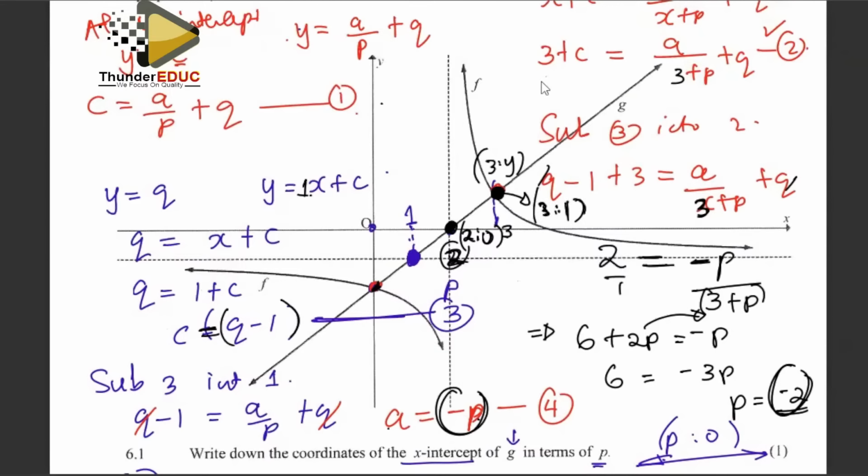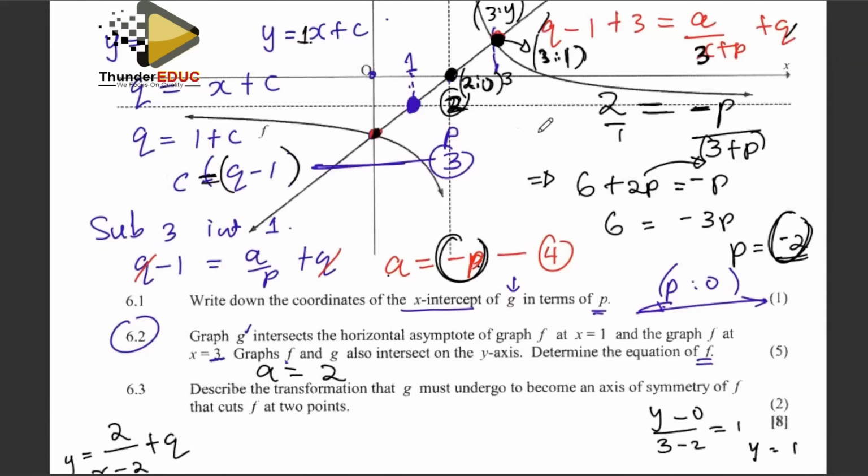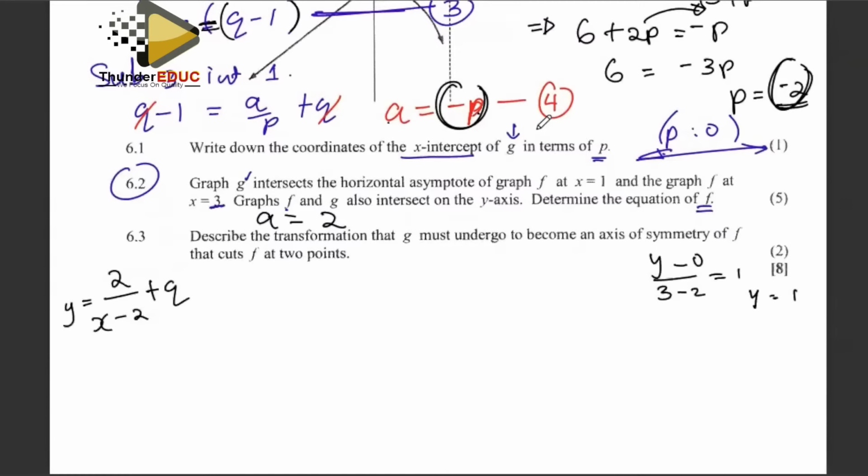Or we can find another point somewhere there, look for the value of c and then substitute. So if 3 and 1 is what we're using, then 1 is equal to 2 over 3 minus 2, plus q.